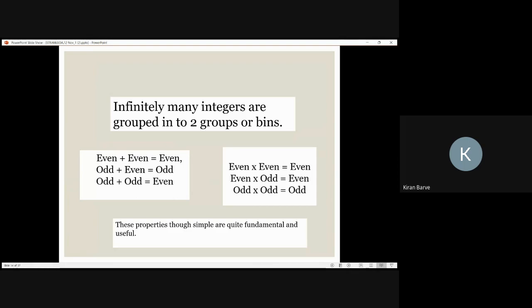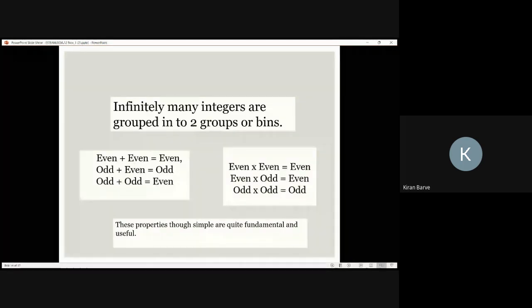That I can put them in 2 boxes is not that great. But these 2 boxes are interacting with each other in a very, very definite manner. Even plus even equals even, odd plus even equals odd, odd plus odd is even, and even times even is even, even times odd is even, odd times odd is odd.